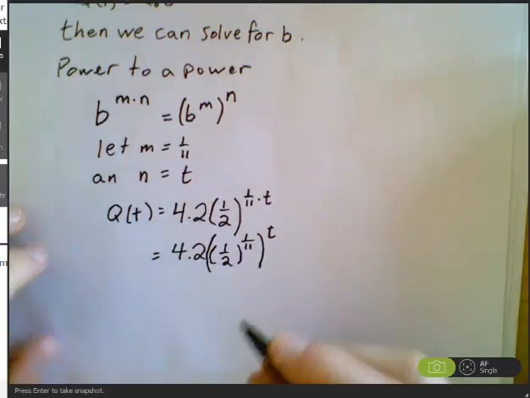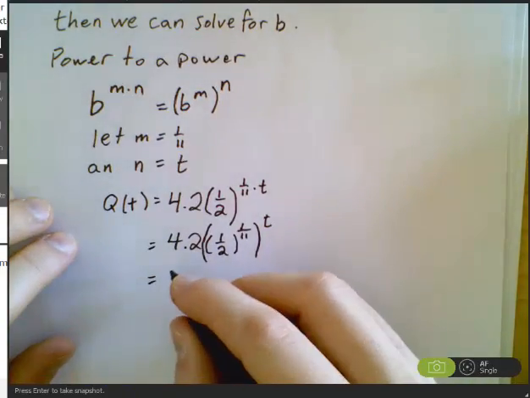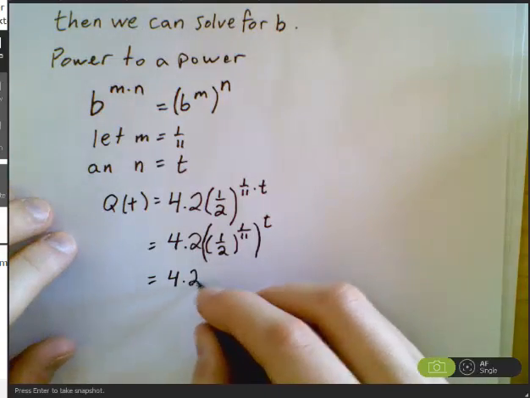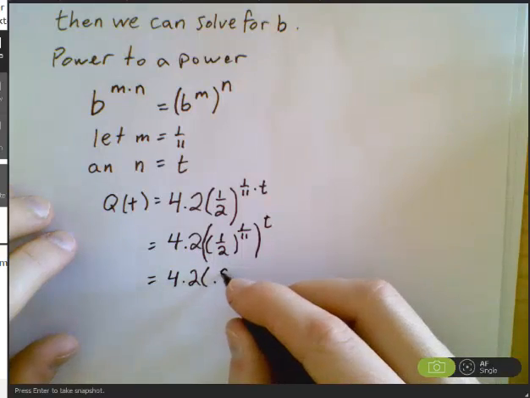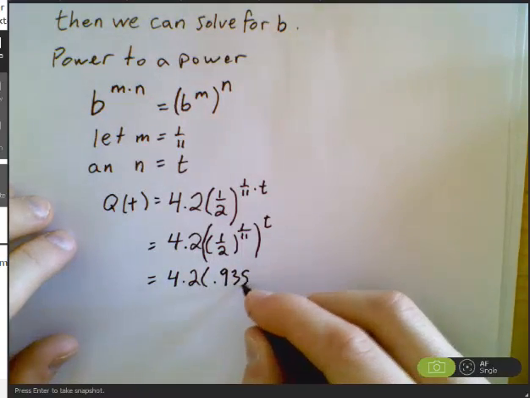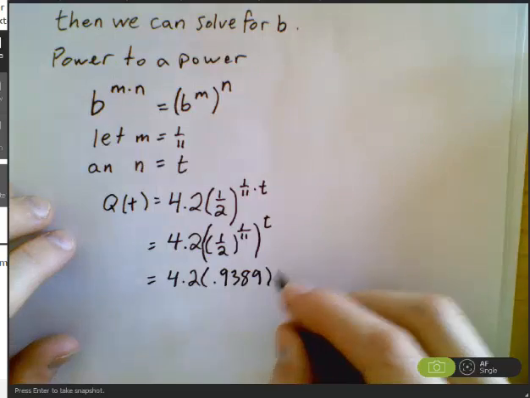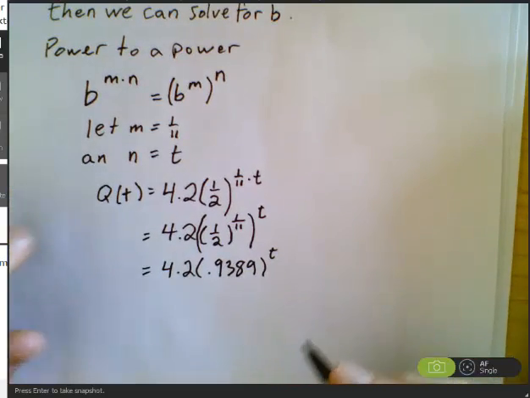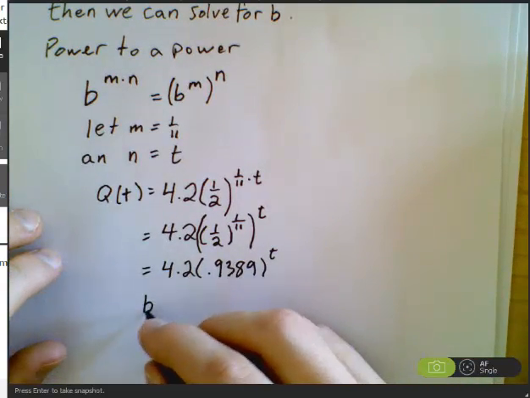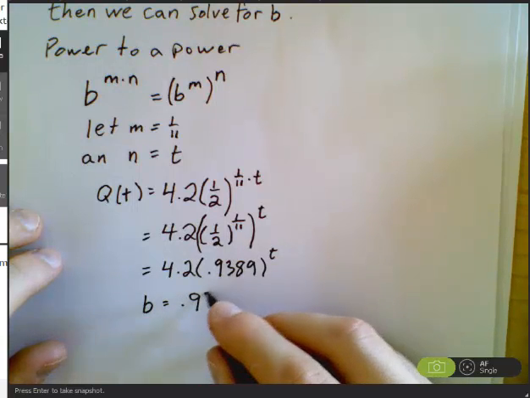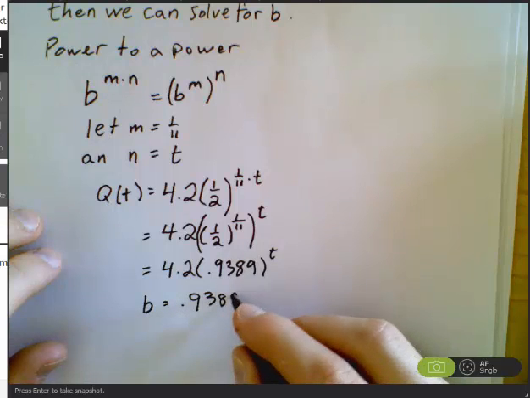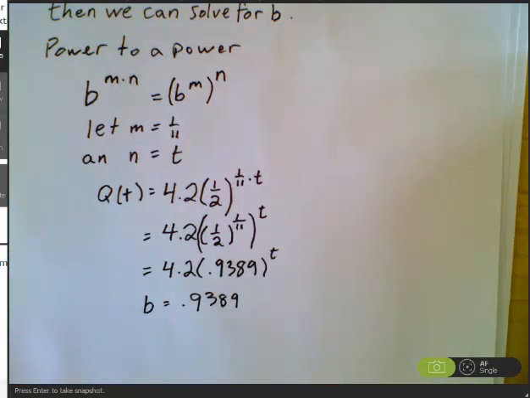So then we can rewrite this as 4.2 times 0.9389 raised to the t power, and so therefore b is equal to 0.9389. And so we've solved b, which is part of the problem in number 15 part b.